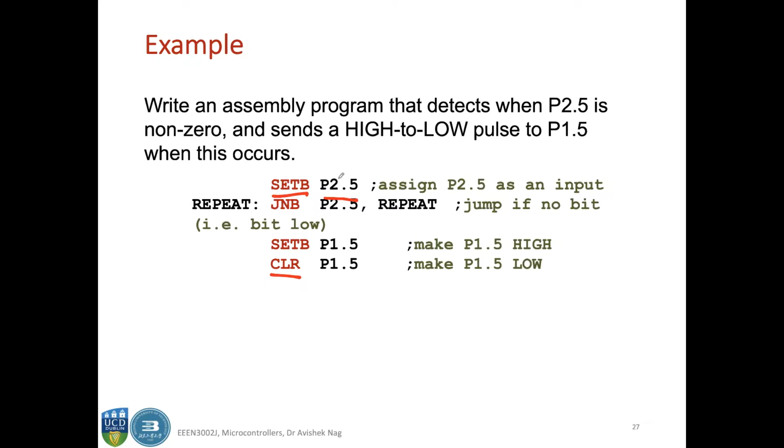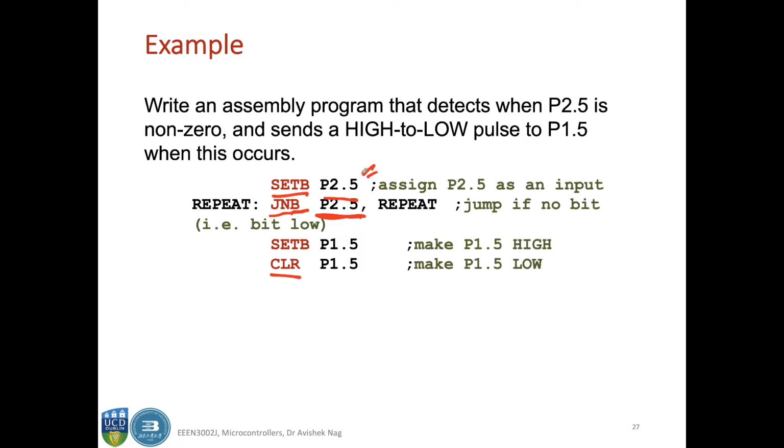If you are reading this particular pin, it has to first be set to high so that you can use it as a read pin, and then you are constantly monitoring pin 2.5. You are using the jump instruction JNB to monitor port 2.5.